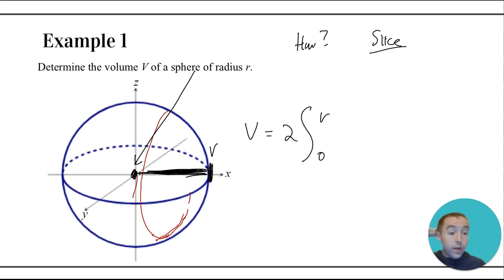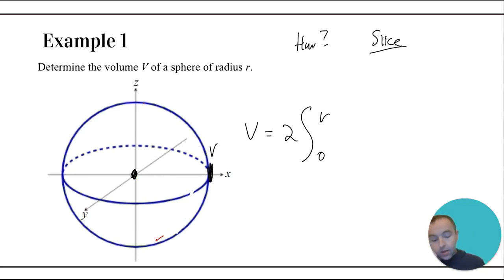So what we need to integrate is the area of each of these cross-sections that we're sliding along the x-axis between 0 and r. For this circular cross-section right here, what is the area?